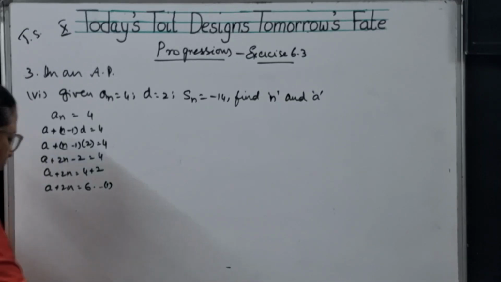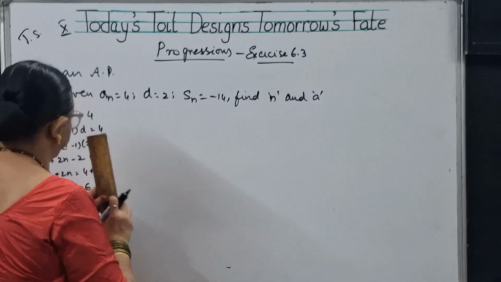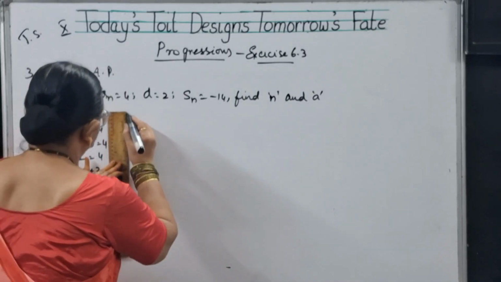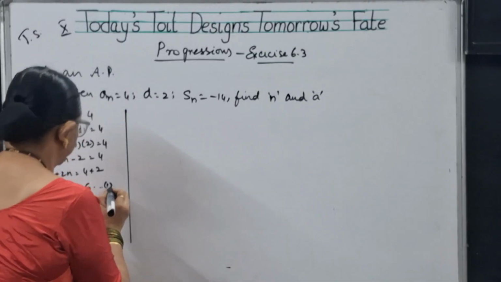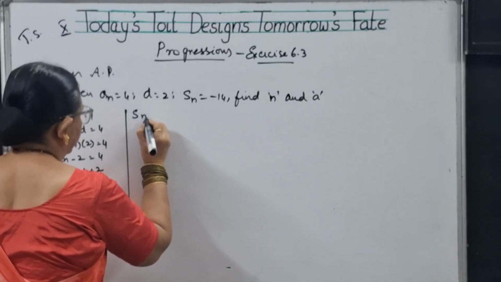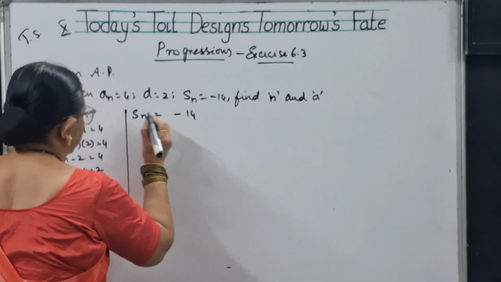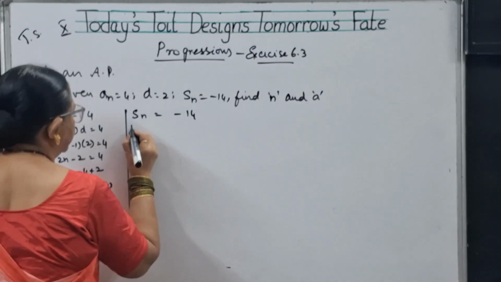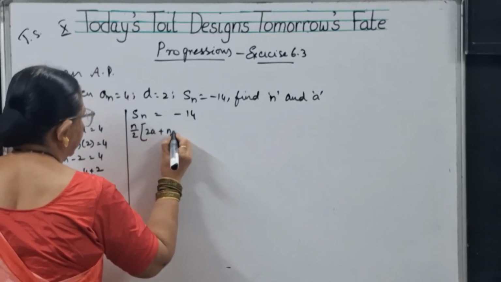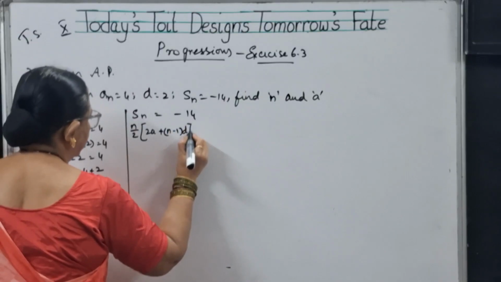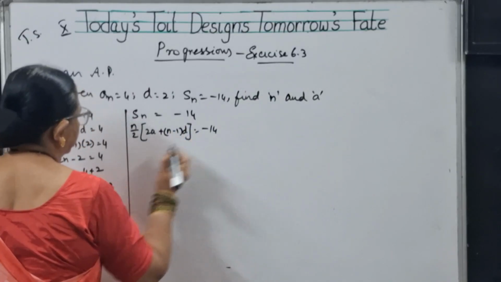So now let us go for the next part. What is the next one they have given? They have given sum to n terms is minus 14. Sum to n terms formula is n by 2 into 2a plus n minus 1 into d is equal to minus 14.